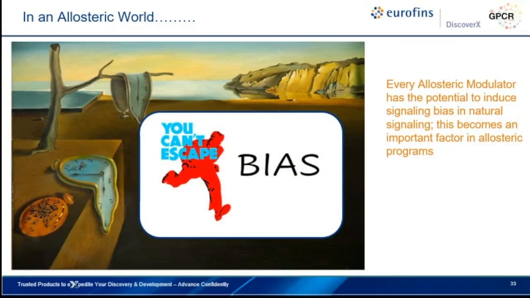So separately, while you're interested in quantifying the allosteric effects, you now have to check, okay, what have I done to my natural hormone fingerprint when I did this? There are many examples now of NAMs and PAMs that completely change the nature of the efficacy that they are aimed at changing.